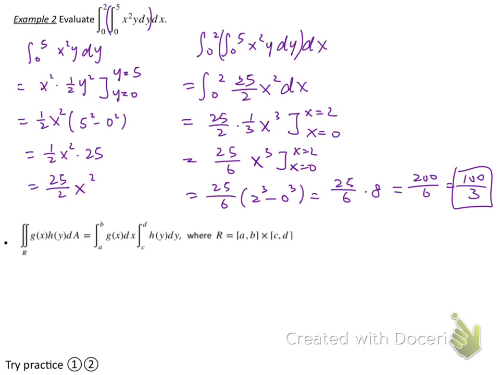Now, if you really look closer at this integral, your integrand is actually x squared times y. So we have this property. If you are able to write the integrand as two functions that are independent, in the sense one only depends on x and the other only depends on y, then you can move the y part or the x part, whichever is not needed, outside your integral.